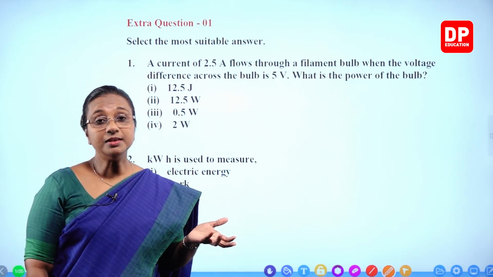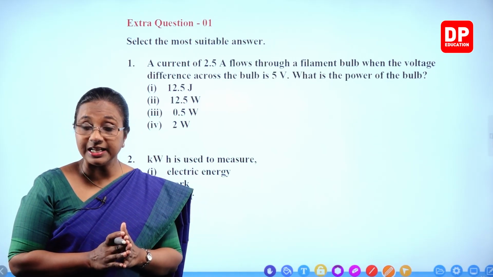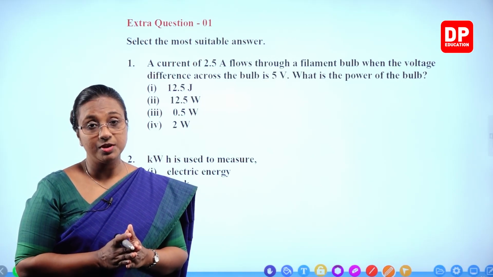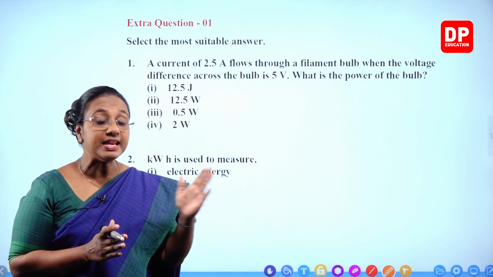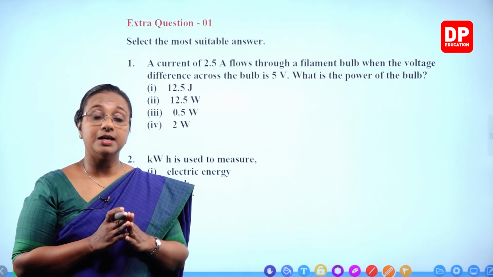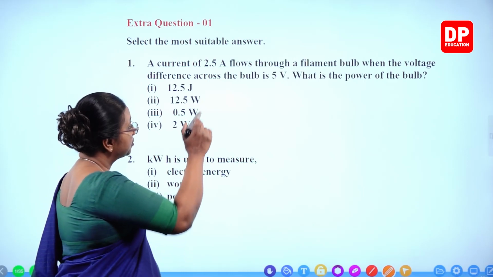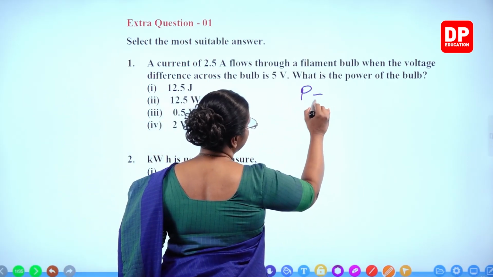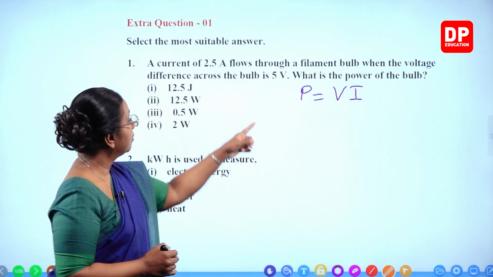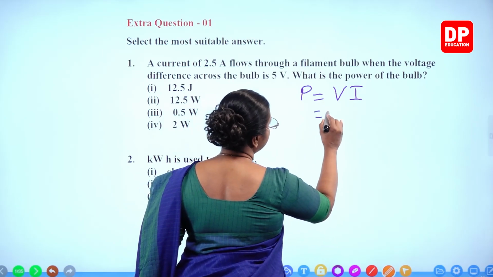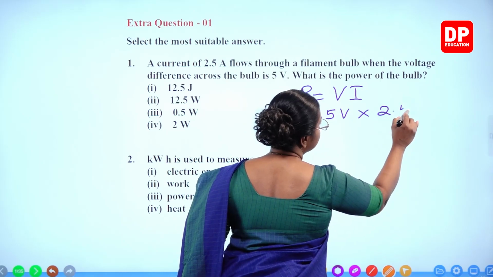What is power? Power is the work done in a unit time, or the electric energy consumed in a unit time. When you supply a voltage difference across an electrical appliance and there is current being drawn by the appliance, the power is equal to voltage into current. So we have the equation P equals V into I. V is 5 volts, and current I is 2.5 amperes.